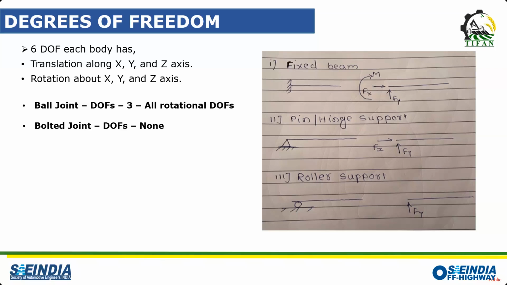All others are released for these. Similarly, for a ball joint, all 3 rotations are released, whereas translation is fixed. For a bolted joint, all degrees of freedom are fixed. We do not see rotation, we do not see translation about it.